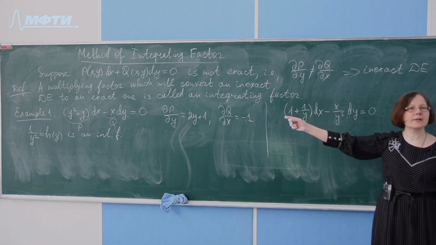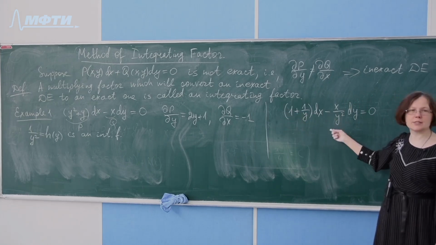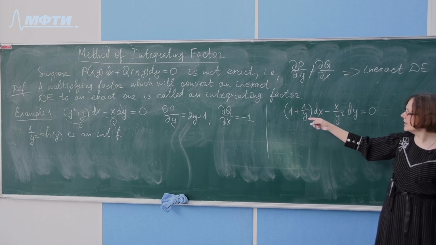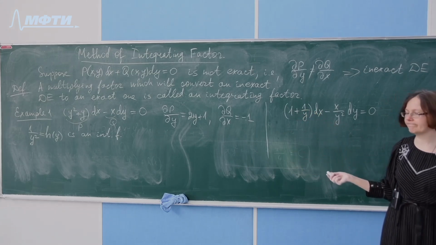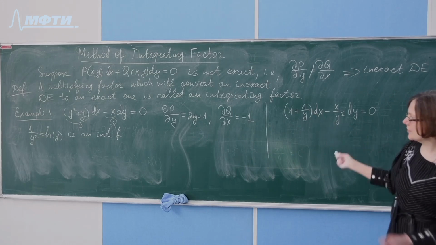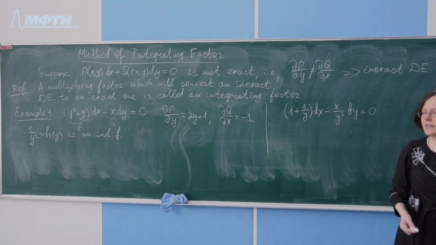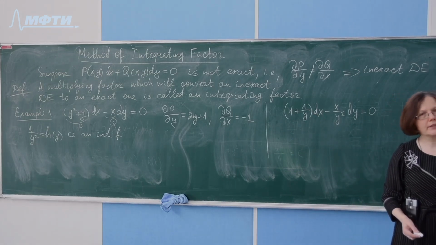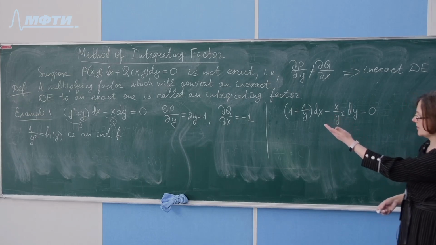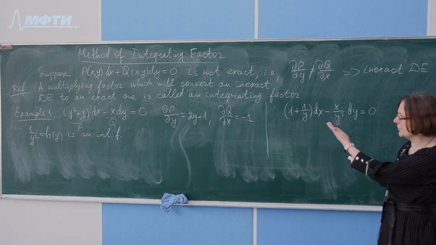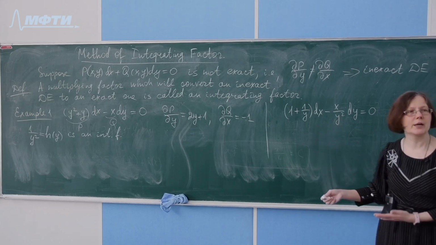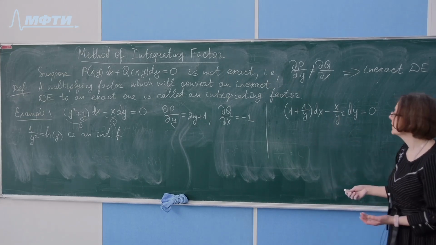So compare the original differential equation and this one, right? These two equations describe the same function. The new differential equation is obtained from the original one by multiplying by 1 over y squared, right?